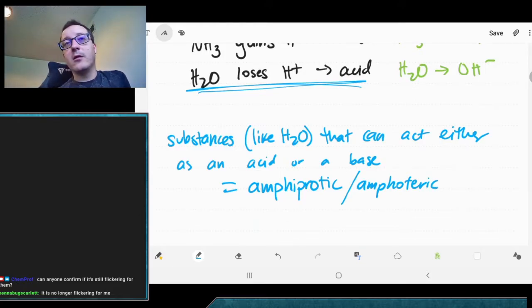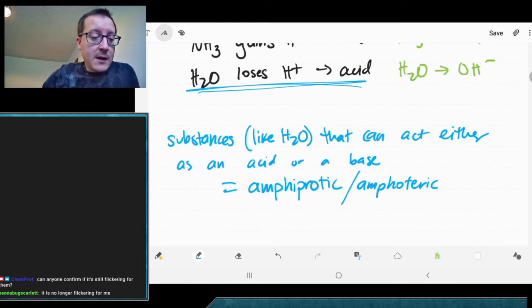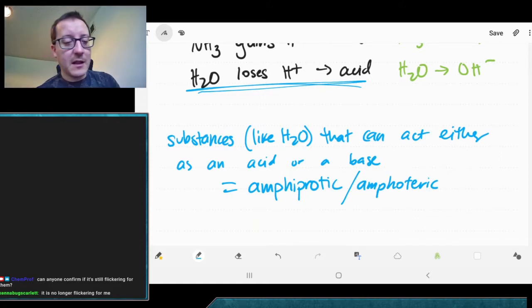So there's our fun vocab lesson for the day. These words do have slightly different definitions, but they're not important until you talk about the next definition of acids and bases, which we don't cover this semester. So for now, these two words mean the same thing. They just mean they can act as either an acid or a base.